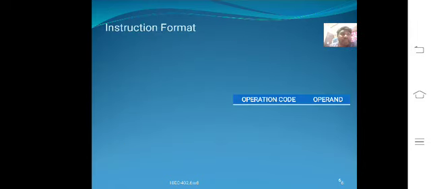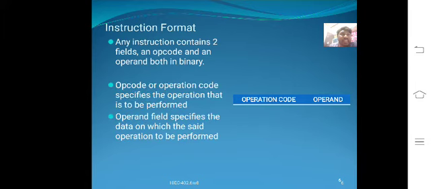Instruction format. In this particular instruction format, we are using two words: one is the operational code and the other is operands. Operational code, that is the opcode, and operands.